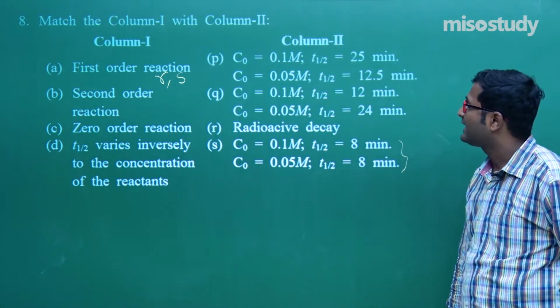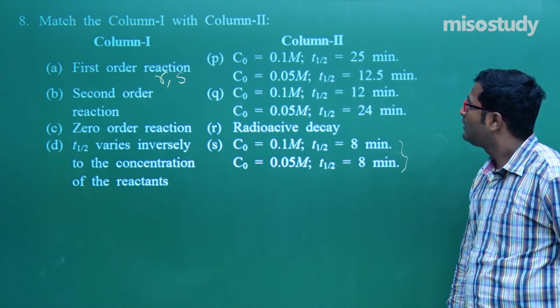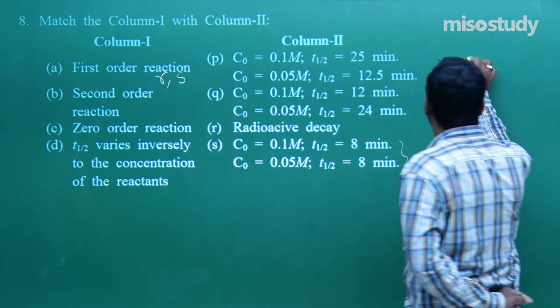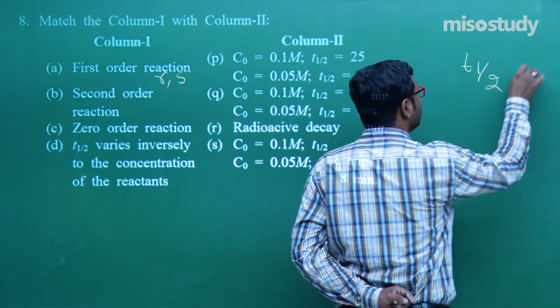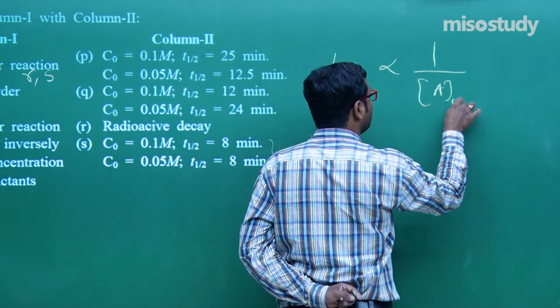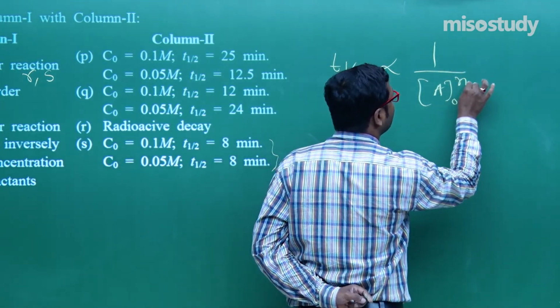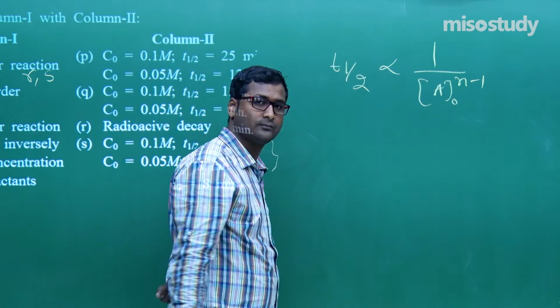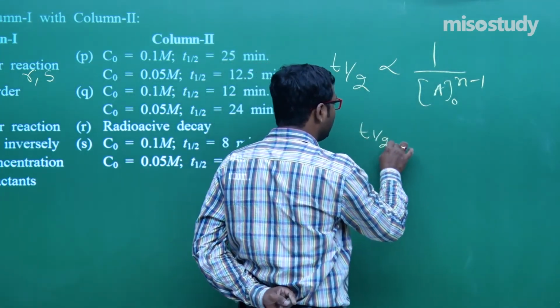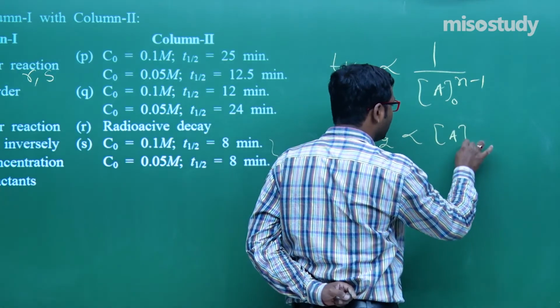Now for the second order reaction, look at T half here. As we know, the relation is T half proportional to A naught to the power n minus 1. For zero order reaction, T half is directly proportional to initial concentration.